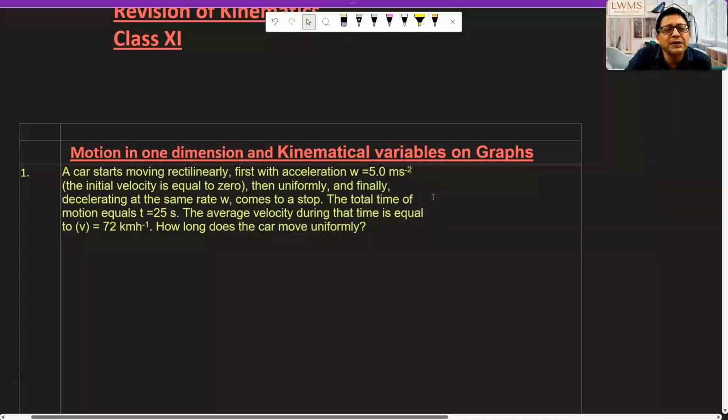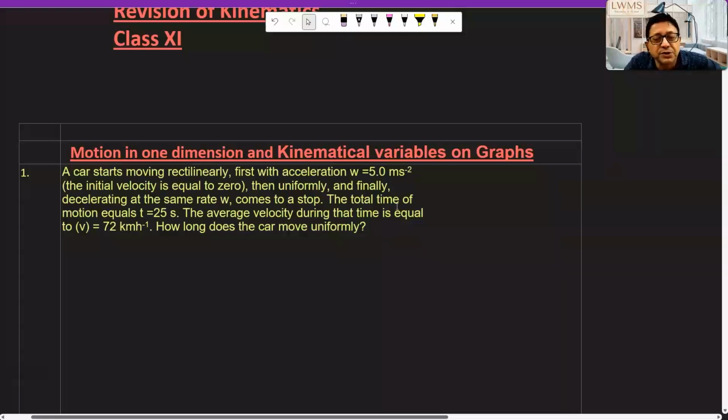A car starts moving rectilinearly, first with acceleration, then uniformly, and finally decelerating at the rate of omega, and comes to a stop. This omega is given as 5 meter per second square. Total time of motion equals 25 seconds.